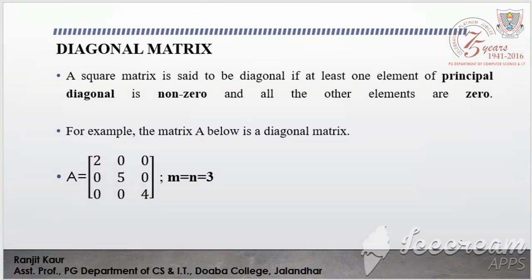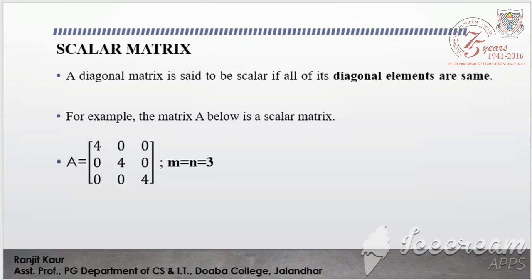So now moving further, now let's see the next type of matrix, and it is scalar matrix. So a diagonal matrix is said to be scalar if all of its diagonal elements are same. Alright.